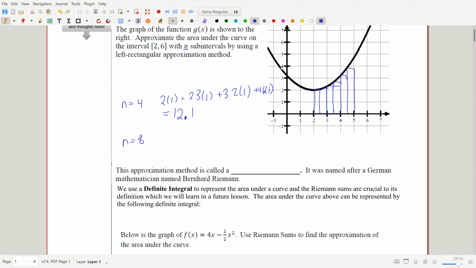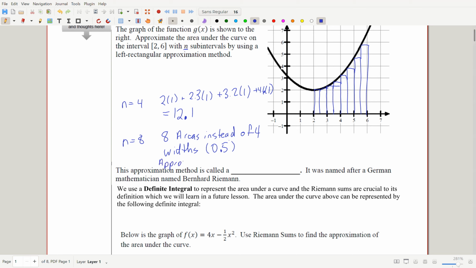And we'd have a lot more numbers, right? We'd actually have 8 areas instead of 4. Widths would be a half. And I think I heard it. What did you say? Yeah, it'd be more accurate. Yeah, closer approximation.